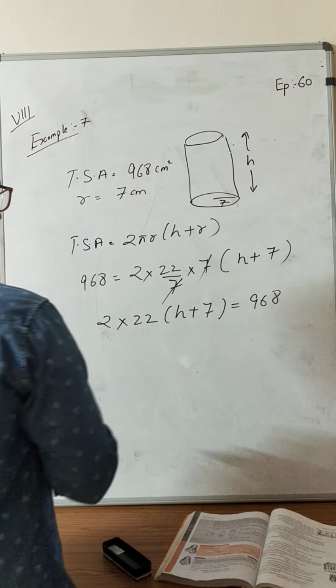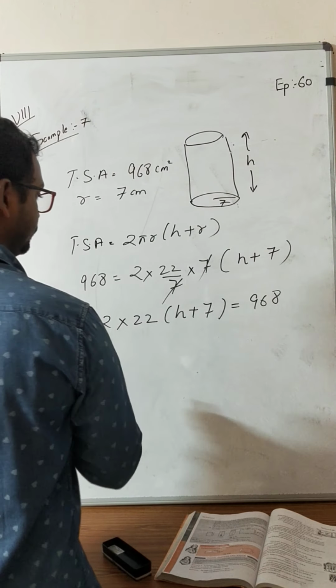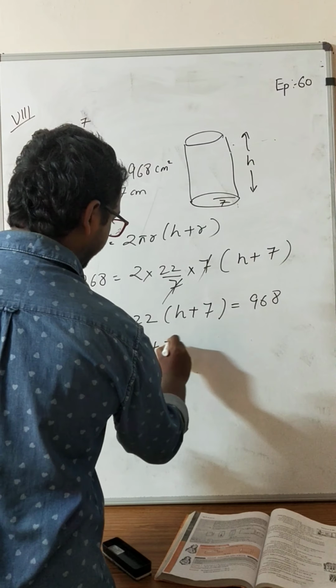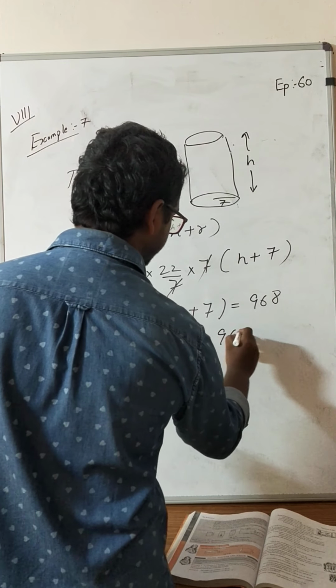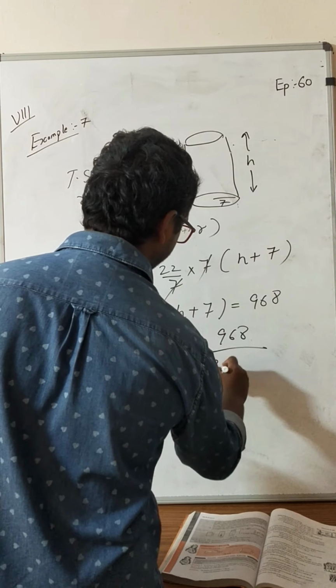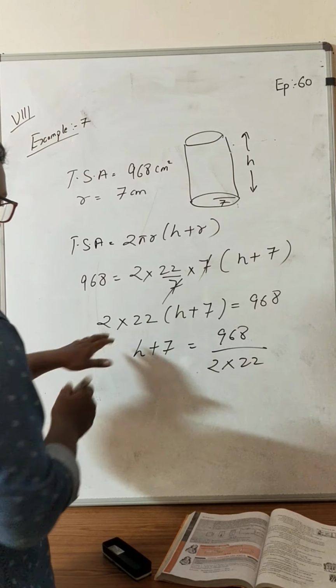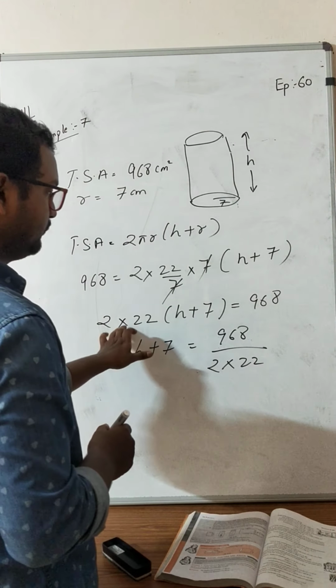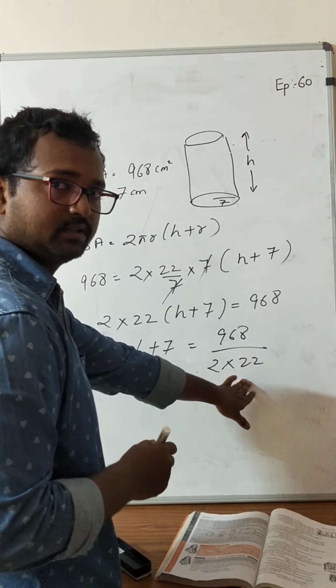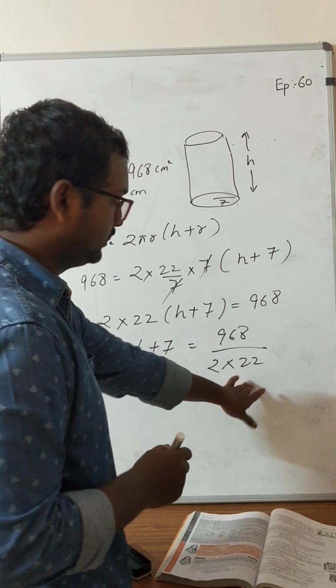So here we will get 2 into 22 into (h plus 7) is equal to 968. These two are in multiplication, so I bring them to the RHS and they go into division.